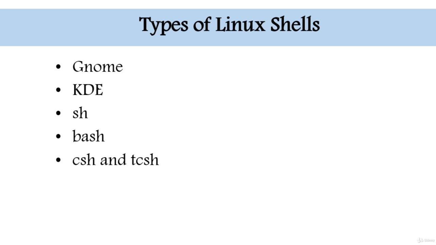Then the last one we have is Korn shell or ksh. David Korn. See, that's the name. That's why people came up with these shells, because they associated their name with it. The person who came up with the Korn shell, his name was David Korn. He developed this Korn shell about the time TC shell was introduced.